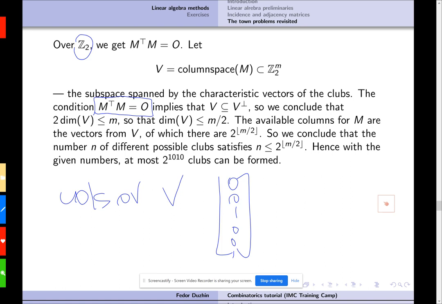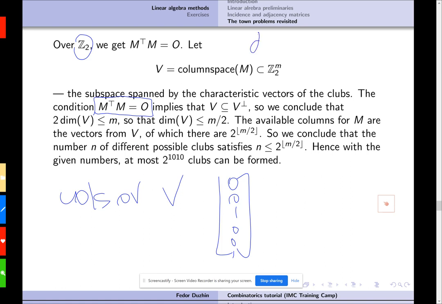And the requirement here is that all these columns are orthogonal to each other. But if all these columns are orthogonal to each other, it by definition means that the column space V is contained in its own orthogonal complement.